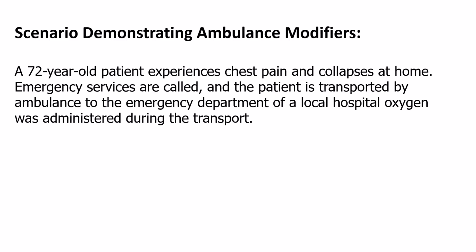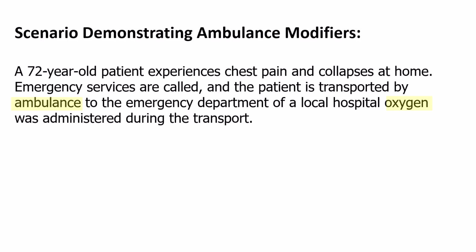All right. A 72-year-old patient experiences chest pain and collapses at home. Emergency services are called and the patient is transported by ambulance to the emergency department of a local hospital. Oxygen was administered during the transport. Okay, coders, what do we do? All right, coders. So the first thing that you do, you're going to have to highlight your ambulance services, right?